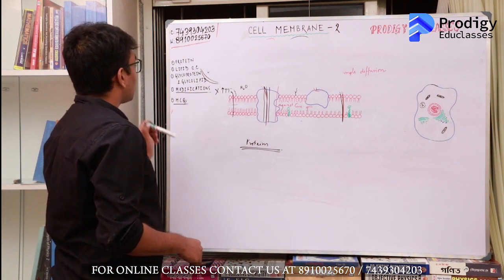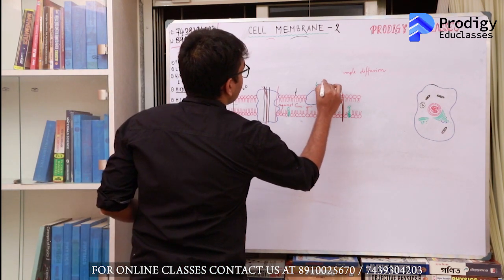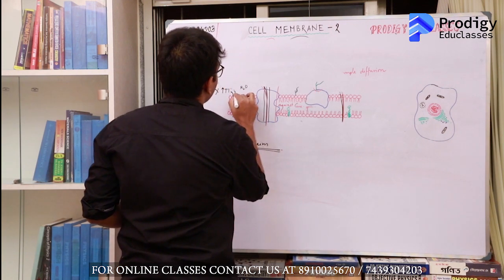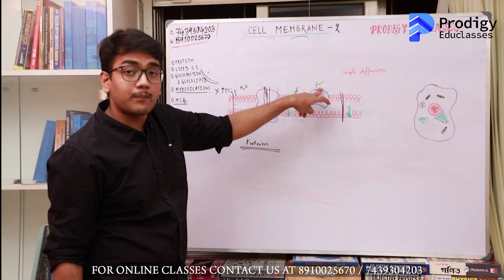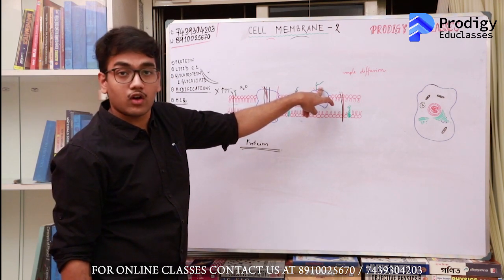Next you come to glycoproteins and glycolipids. Glycoproteins and glycolipids with oligosaccharides on their head will act as receptors and will be involved in cell signaling and cell recognition.